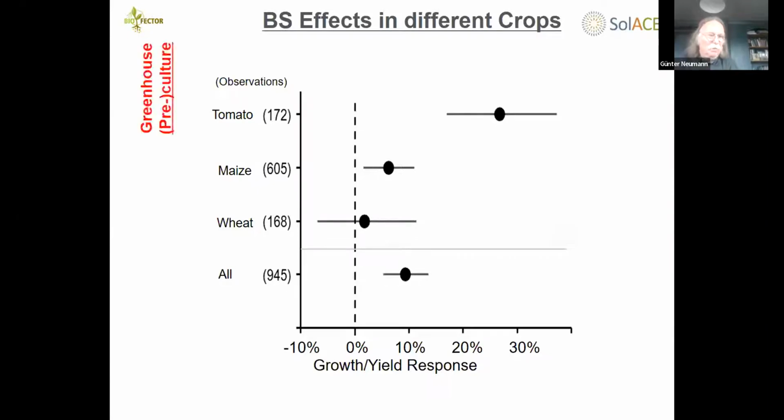But a closer look also showed that particularly the growing conditions for the specific crops are probably even more important, because tomato is a vegetable crop grown completely under protected greenhouse conditions, or at least the nursery is conducted under protected greenhouse conditions, in contrast with wheat and maize, where we have field crops.